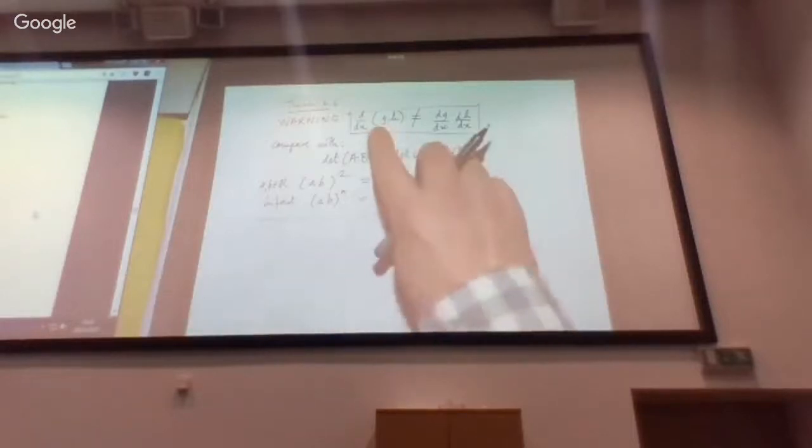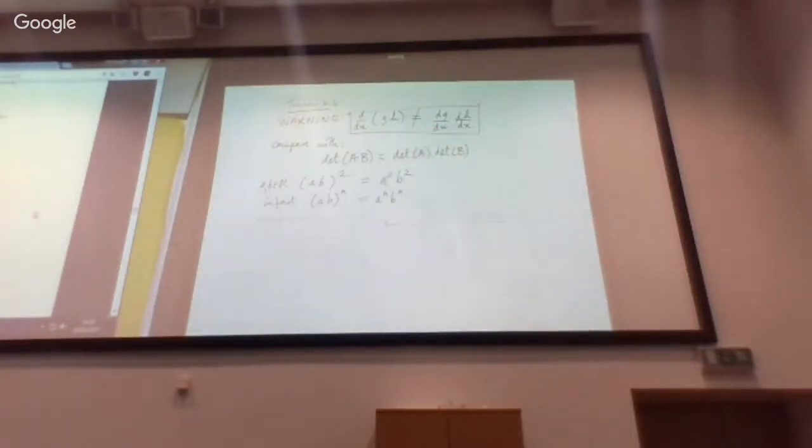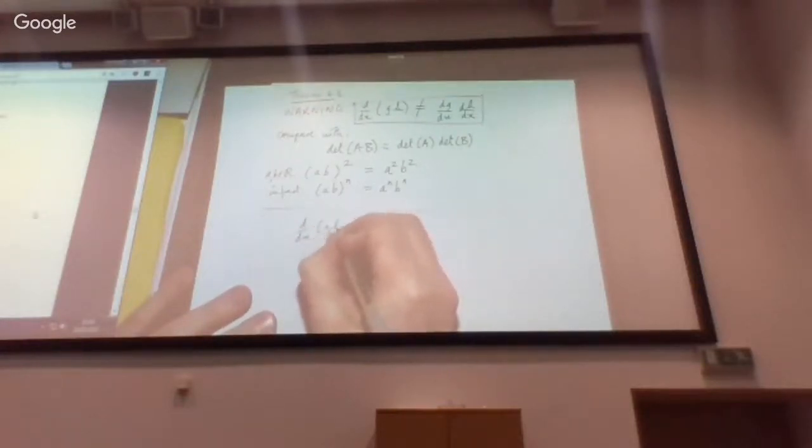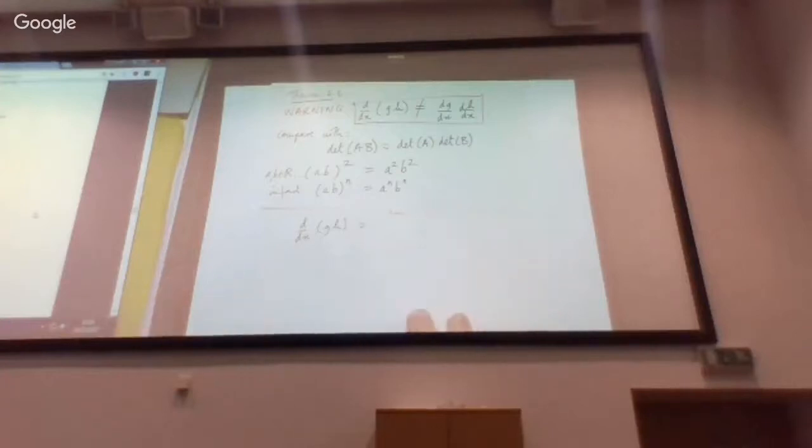But that's not to say that the derivative of a product is completely unrelated to the derivatives of the individual factors. There is a nice, clear relationship, but it's given by the product rule. So how have we written it? G, we put that first.